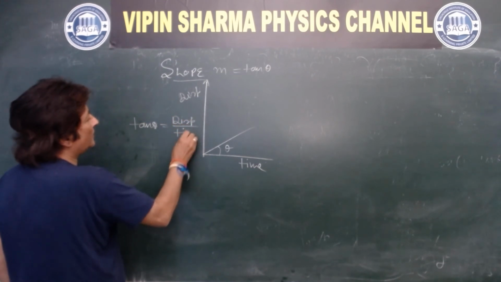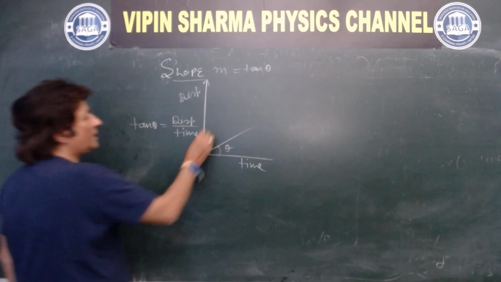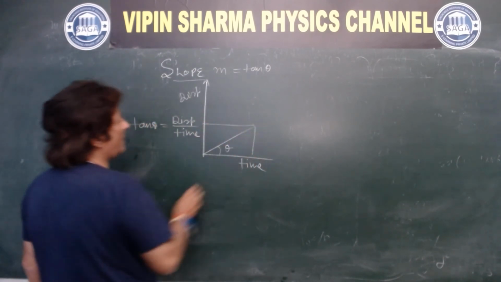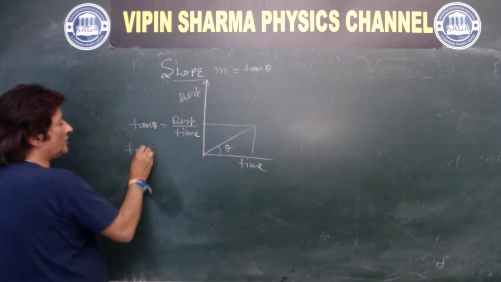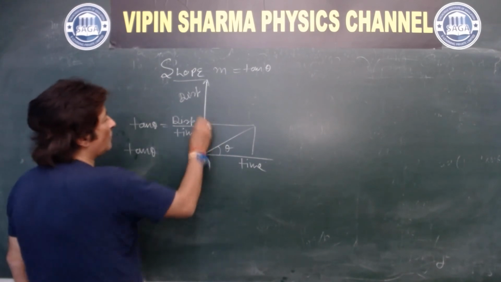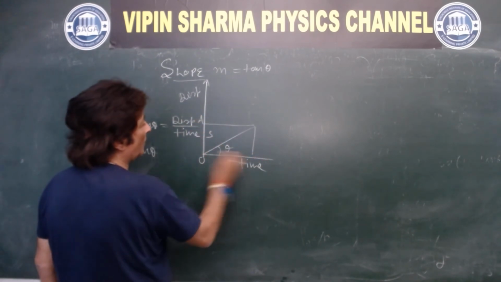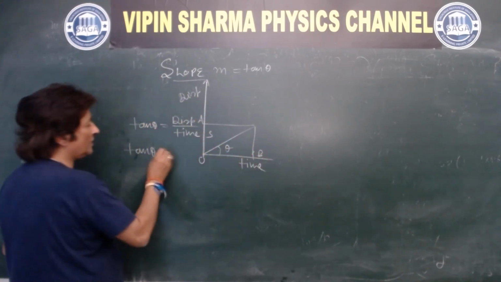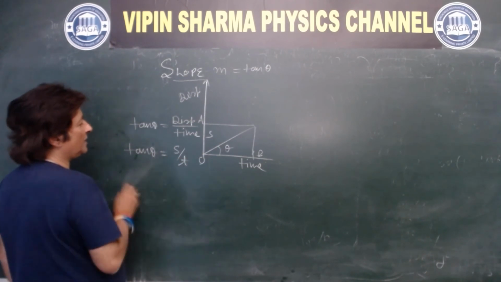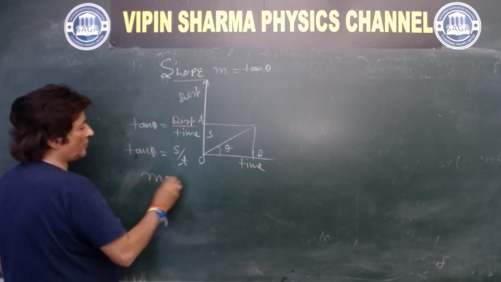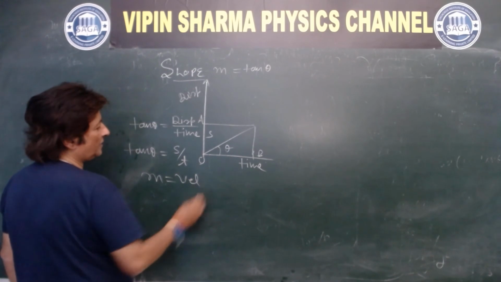Displacement upon time, because tan theta is perpendicular upon base. If OA is S and OB is T, so this is S upon T. So tan theta, that is slope, will give us velocity or speed.